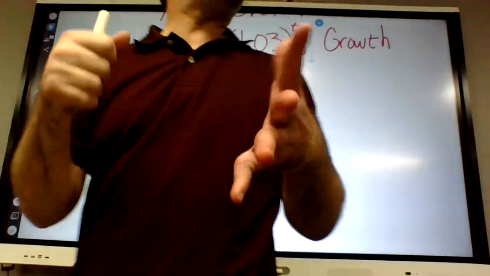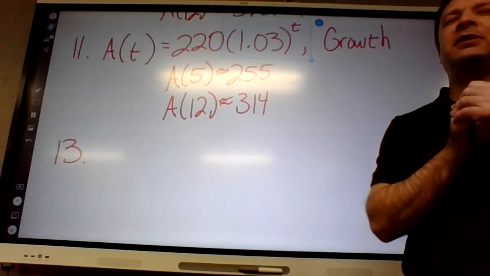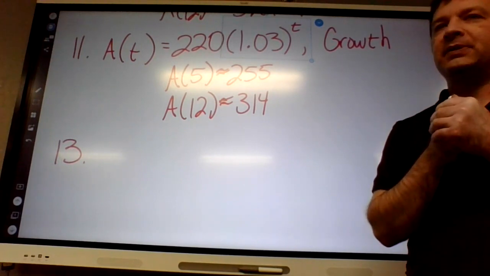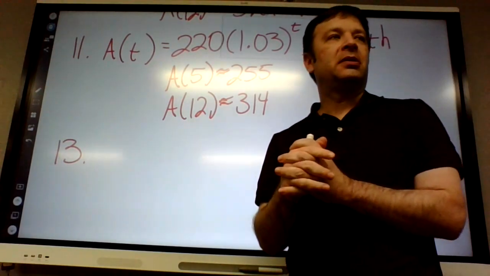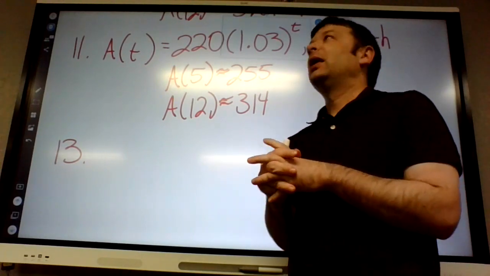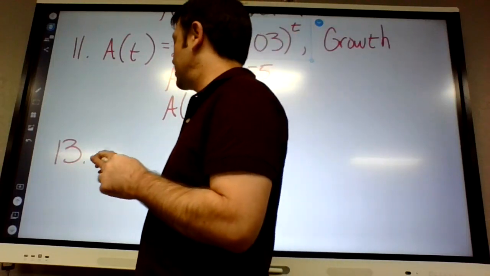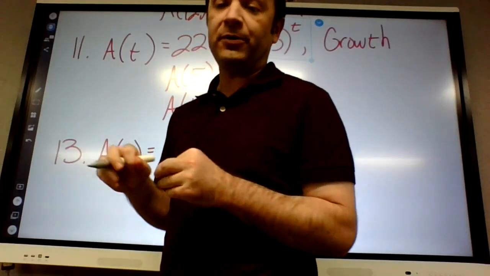Okay, 13, we have not talked about half-life. Have you guys talked about half-life in science? Not exactly. The juniors have. That's probably next semester. Well, there's a little formula up above that gives you the half-life formula.